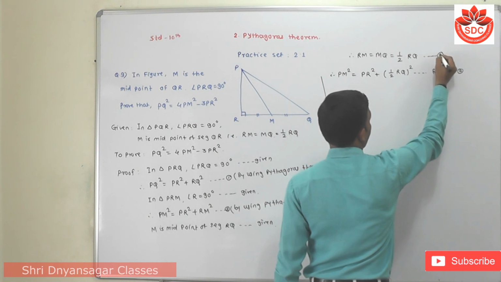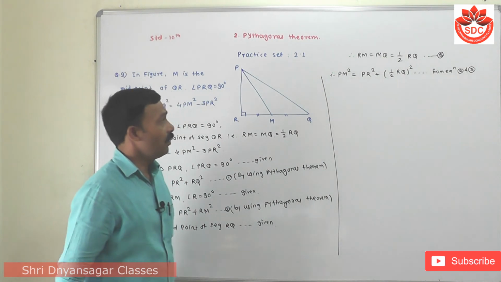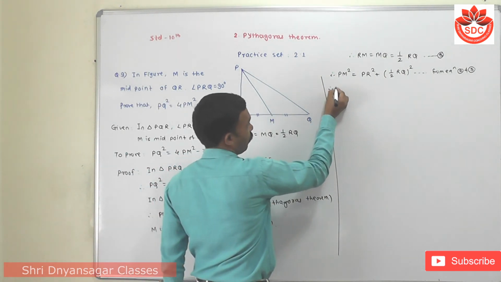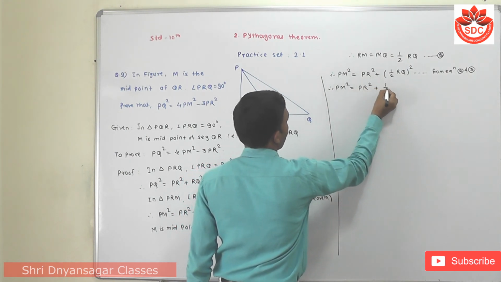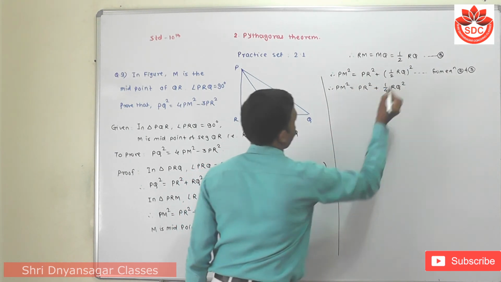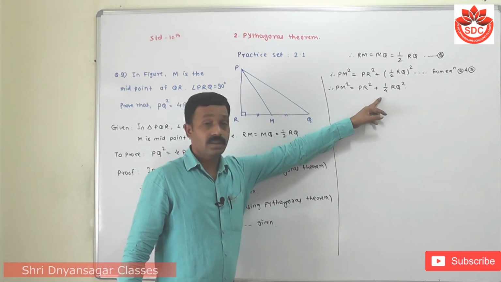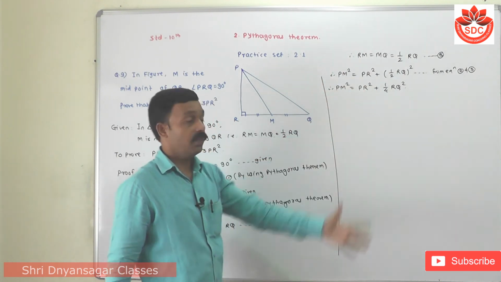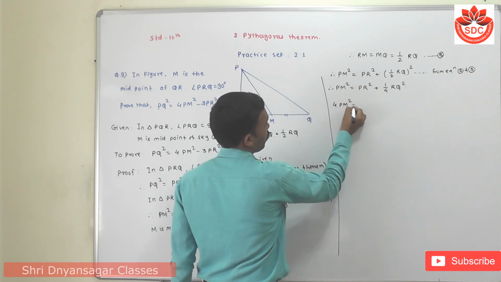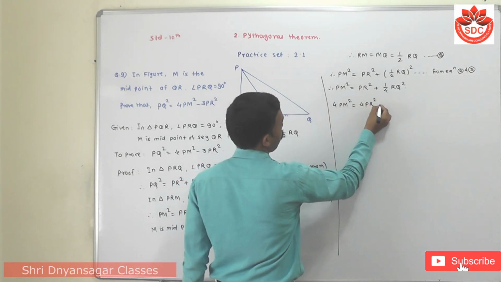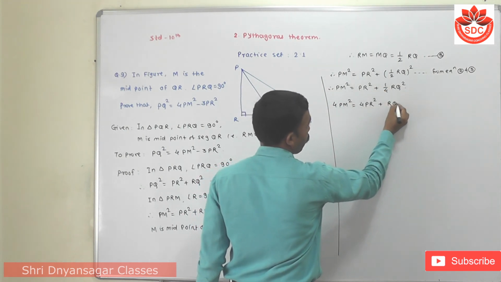So we write that from equations second and third, now the square of this one, therefore PM square is equal to PR square plus 1 upon 4 RQ square. Okay, then this 4 we have to remove here. Then multiply both sides by 4. We get 4 into PM square is equal to 4 into PR square plus this 4, and the multiplication of 4 gets cancelled, RQ square.